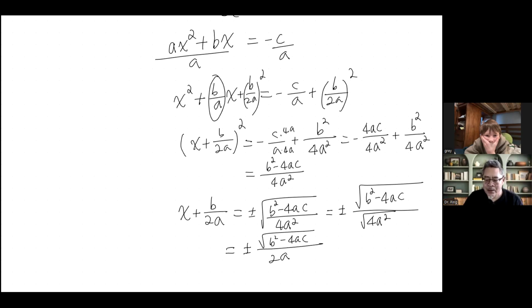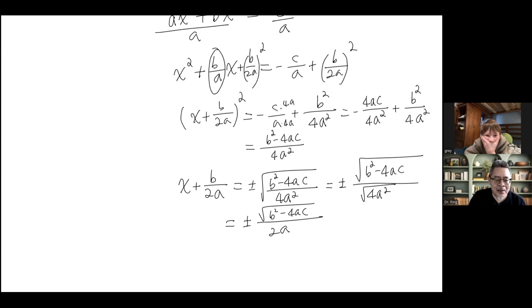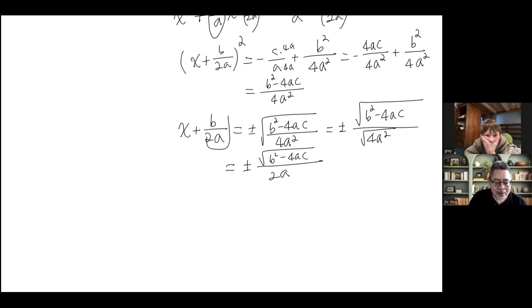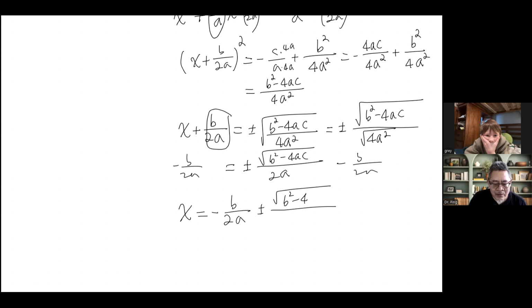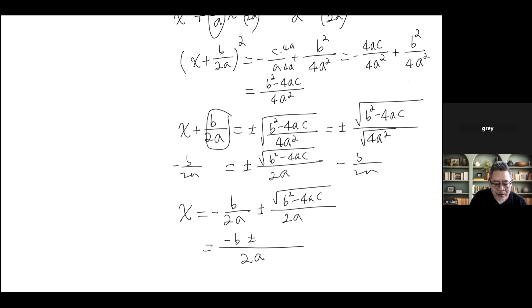And then we're going to move this to the right. So therefore x equal to minus b over 2a on the other side, and plus or minus the square root of b squared minus 4ac over 2a. So we can combine them: x equals minus b plus or minus the square root of b squared minus 4ac, over 2a.